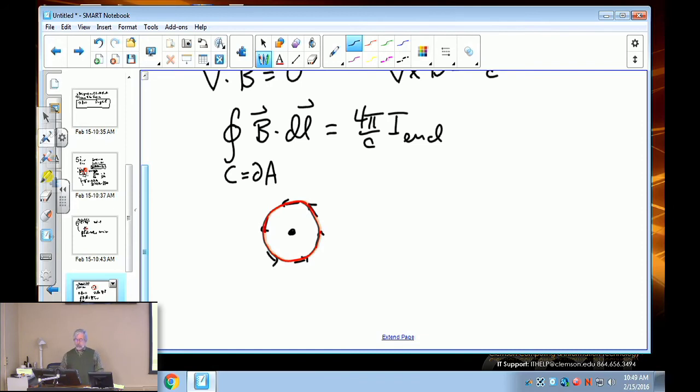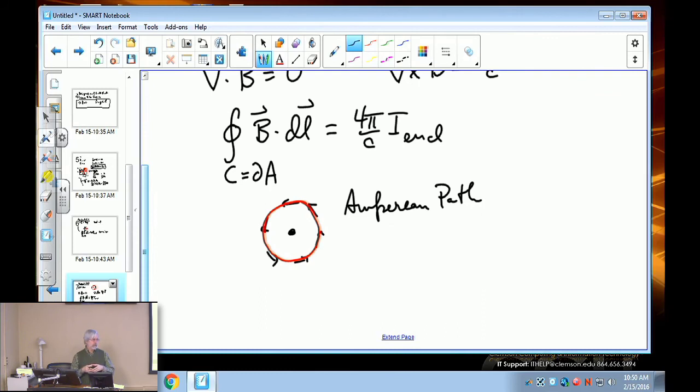In the same way, we can choose this Amperian path to be convenient. If the path encircles current, then you're going to get a net circulation of the magnetic field around it. If the path does not enclose a current, then you get no net circulation of the magnetic field around that path.